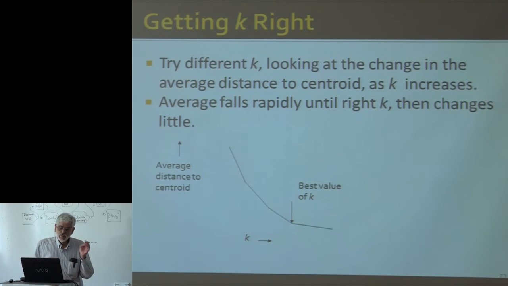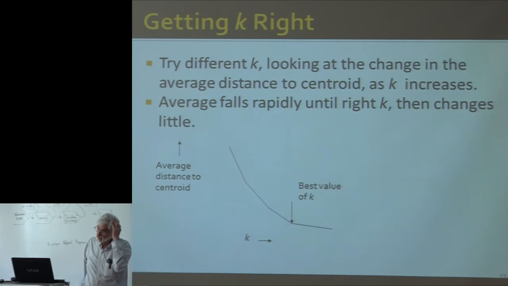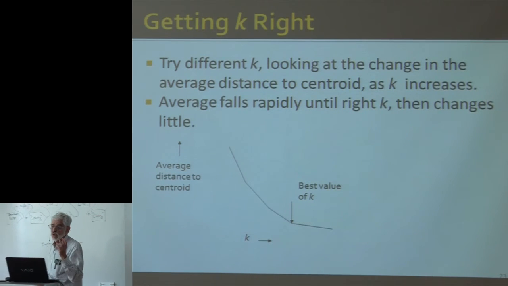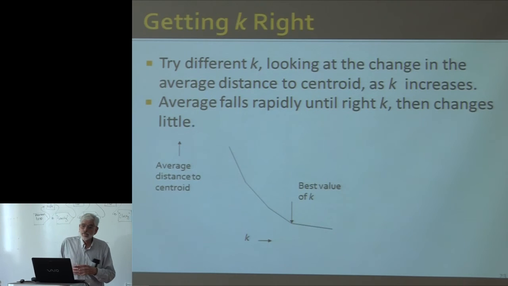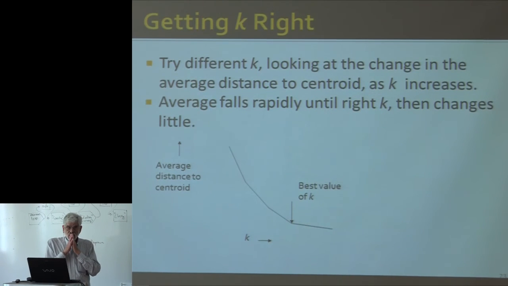Okay. So now let me just talk about this matter of how you get things right. You don't know K. So just in the other algorithm, when do you terminate? Does it converge? Well, yes, because I'm not going to move the centroids anymore. I'm going to leave the centroids fixed.